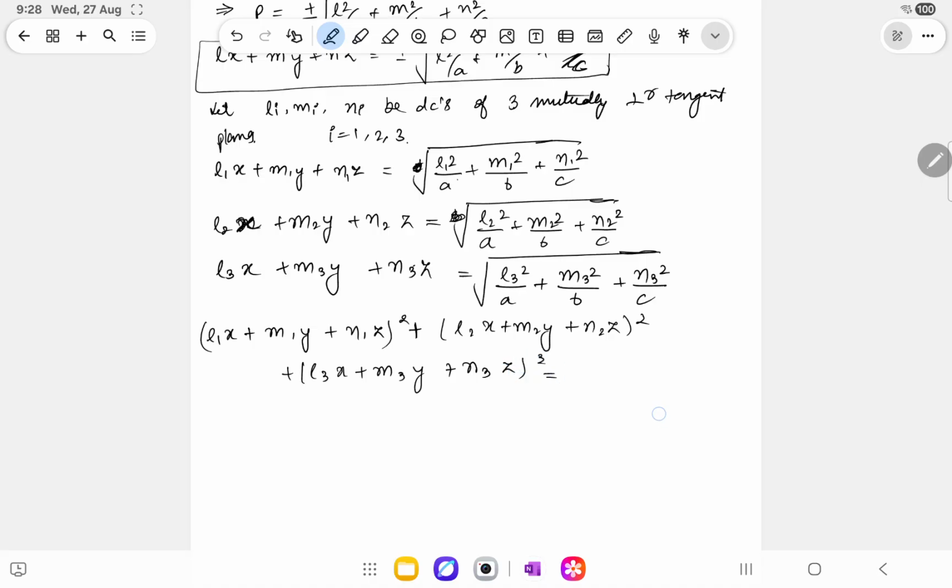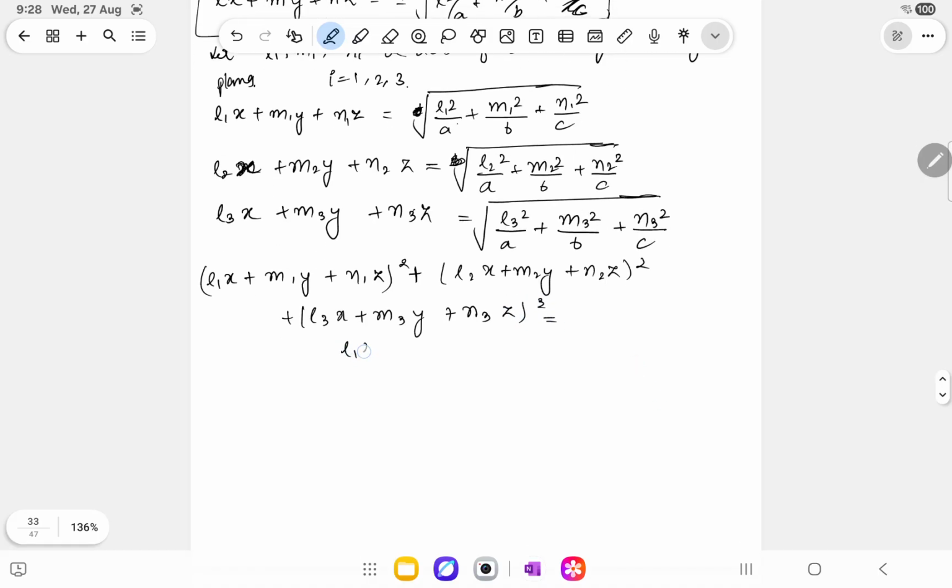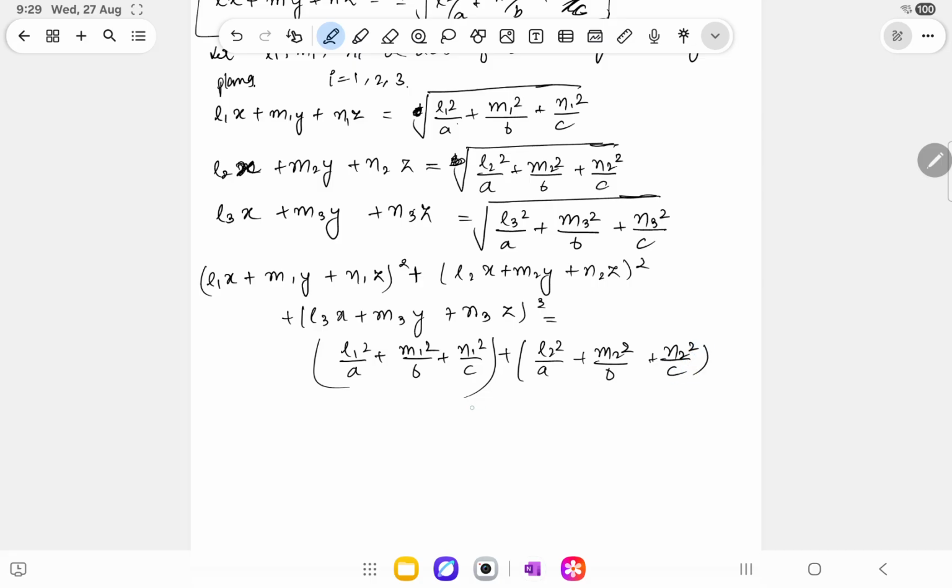It must be equal to l1 square by a plus m1 square by b plus n1 square by c, plus l2 square by a plus m2 square by b plus n2 square by c, plus l3 square by a plus m3 square by b plus n3 square by c.